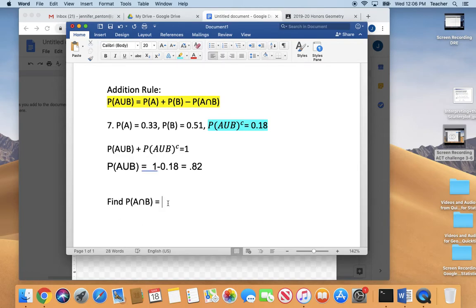So using the addition rule, I'm going to use this addition rule right up here. So I'll copy it down here.